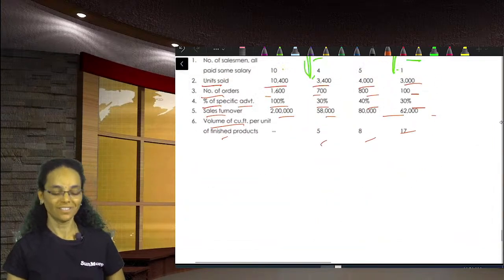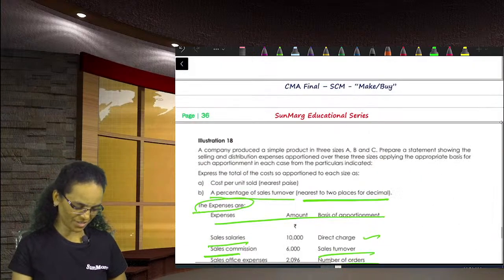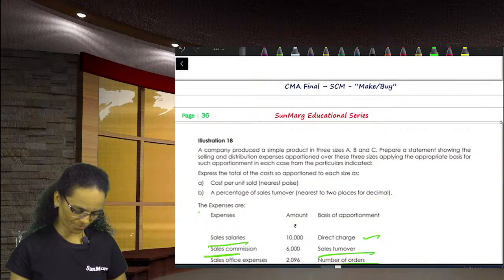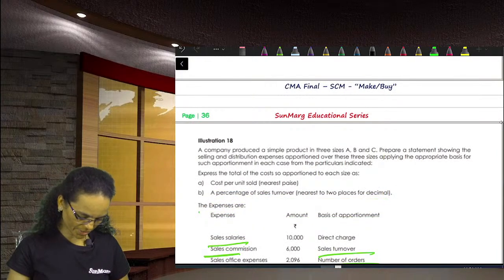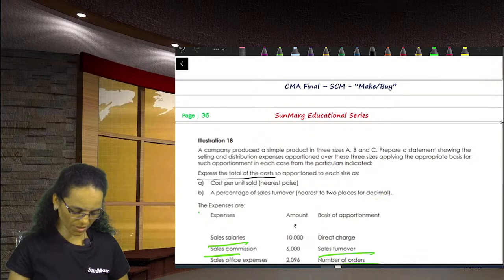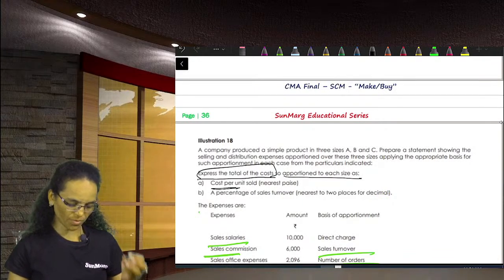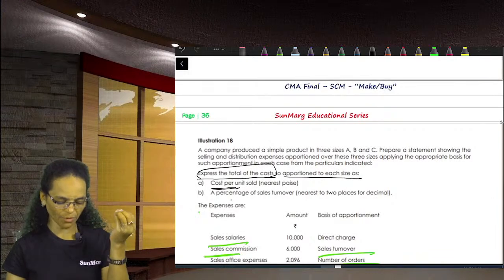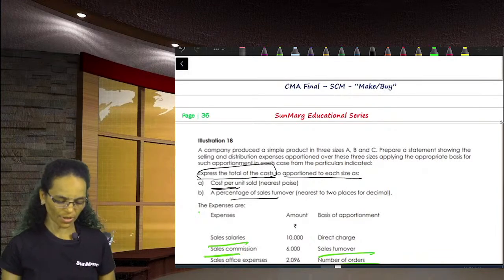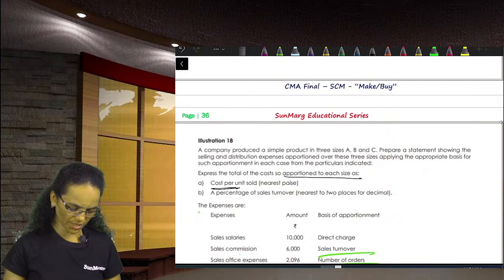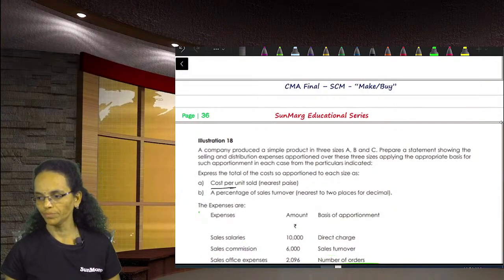What is the question? Here the question I will show you. Express the total of the cost so apportioned as cost per unit and percentage of sales. Okay, I will solve this problem.